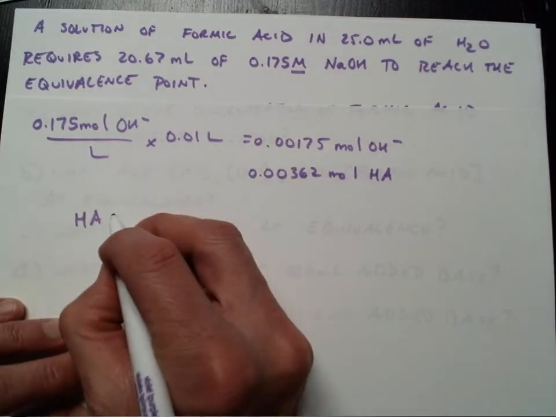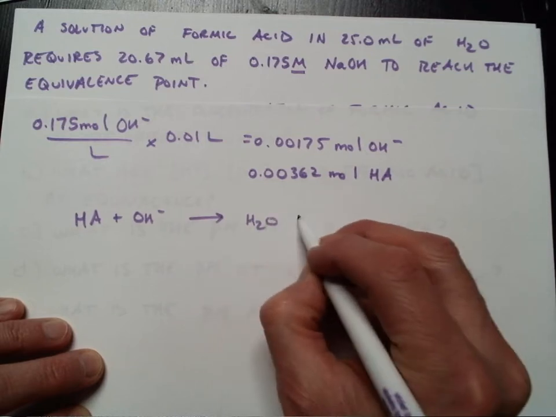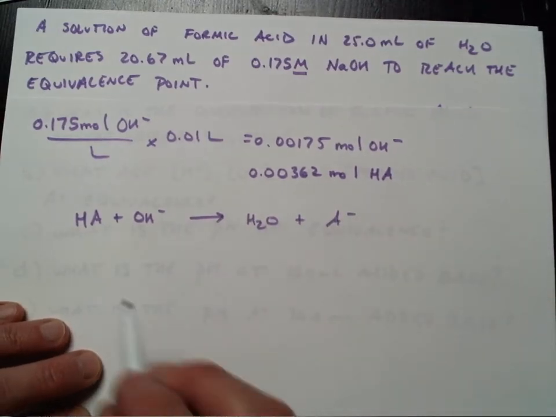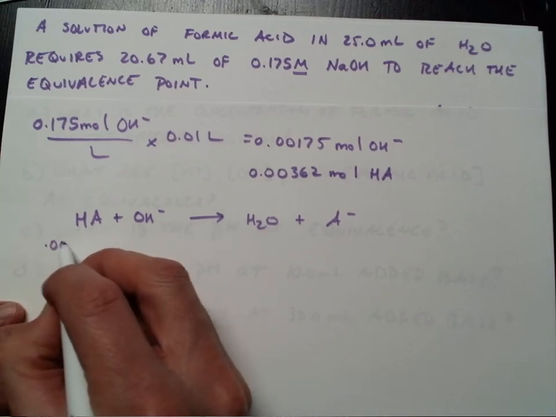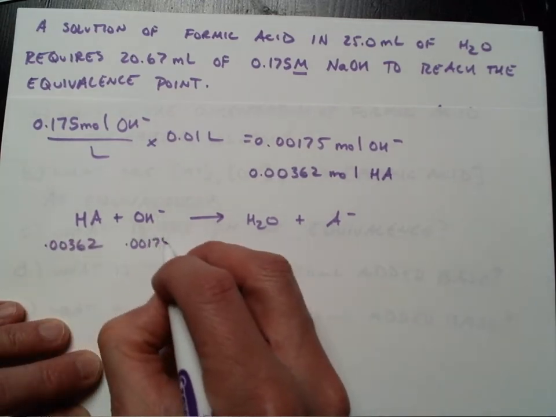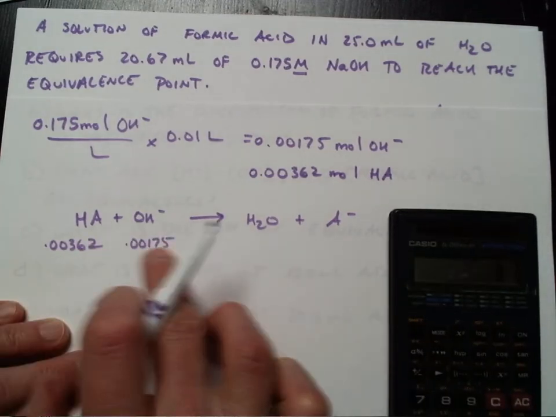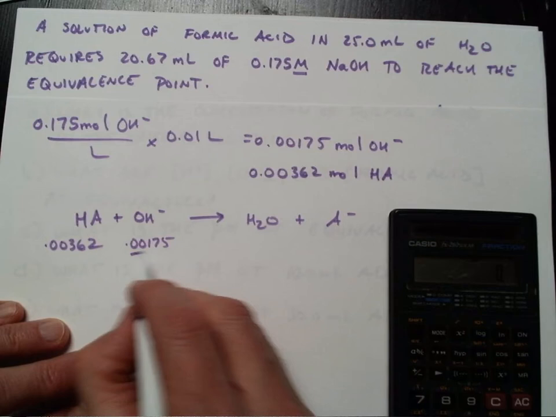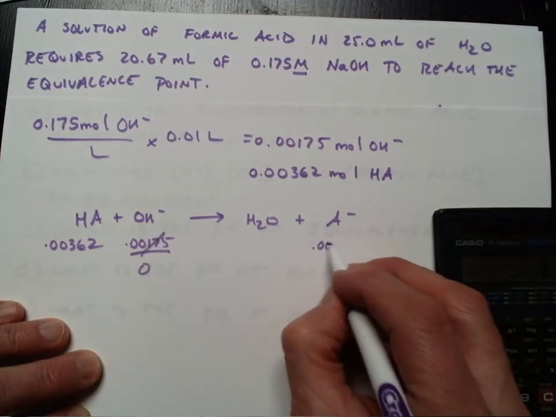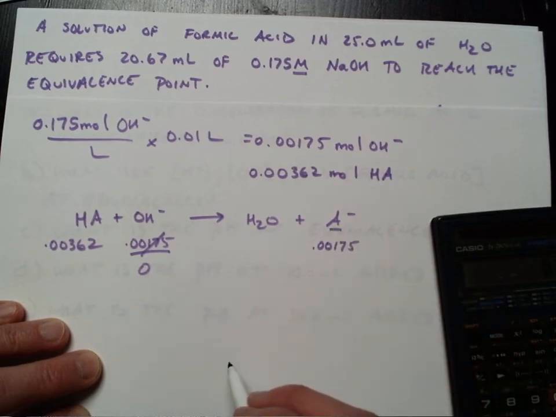My acid will react with the hydroxide. It's going to form water, and it's going to form the anion. So let's see. 0.00362 moles of this, 0.00175 moles of this. These will completely react as far as they can. This is the limiting reagent, so this is all gone, and it's going to form 0.00175 moles of my conjugate base.